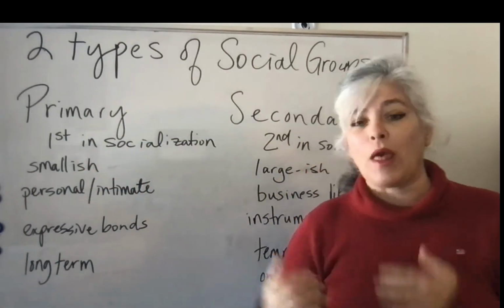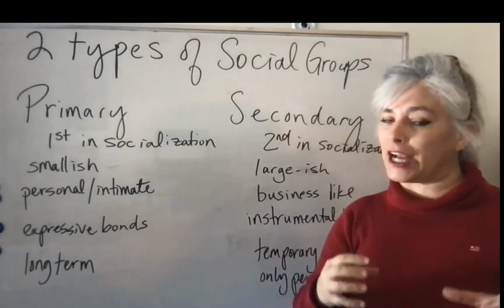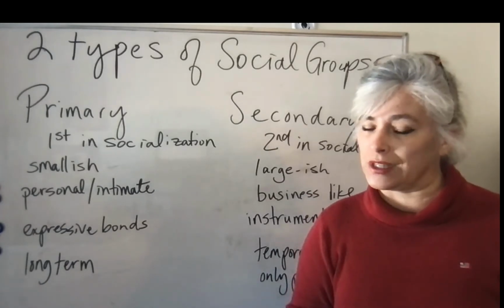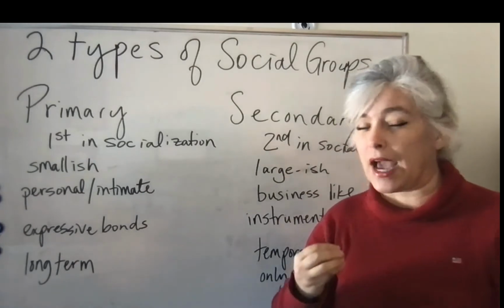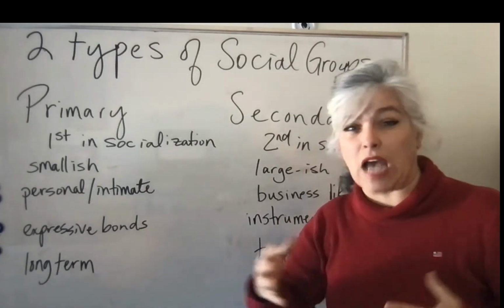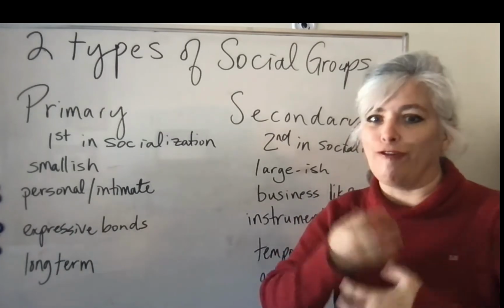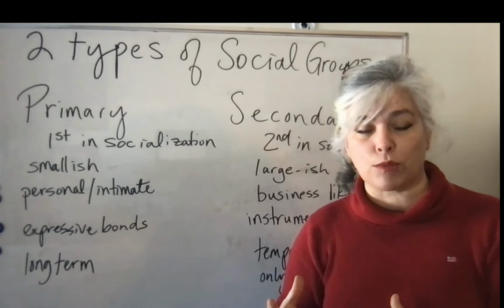The reason these are named primary and secondary has to do with their connection to the socialization process for individuals. Does that type of group, the group membership, the kind of interaction that happens, the length of time you spend with those people, does that particular formula mean that it has a strong impact on your socialization process?